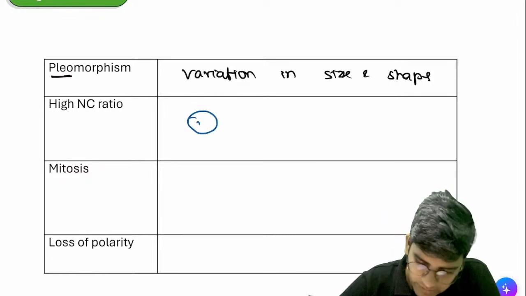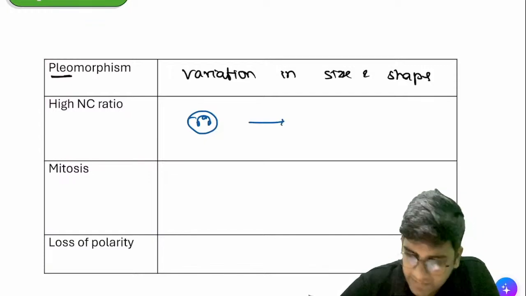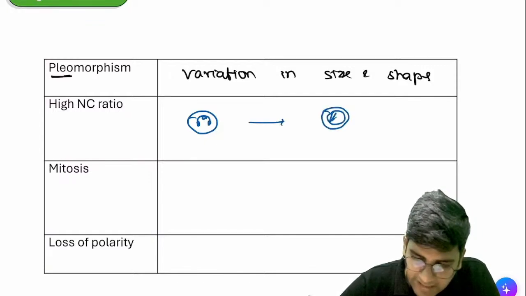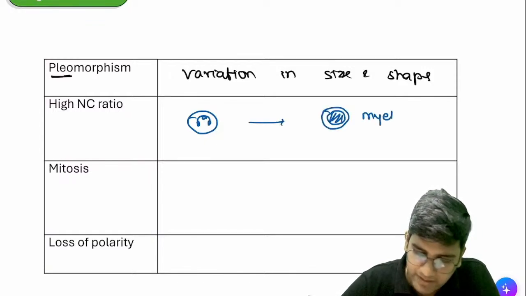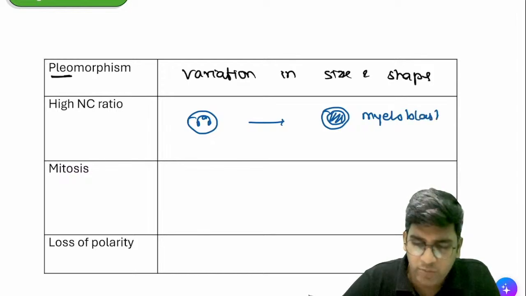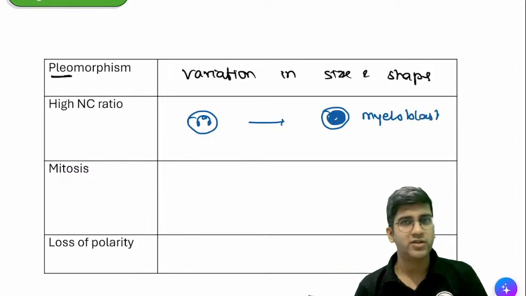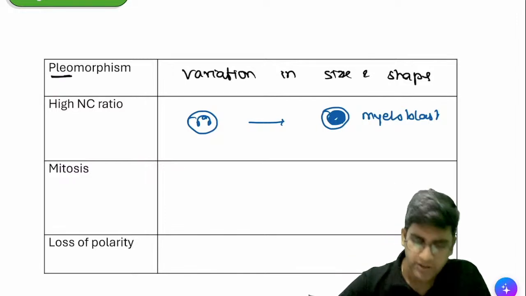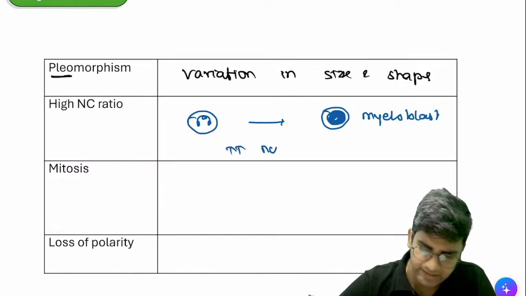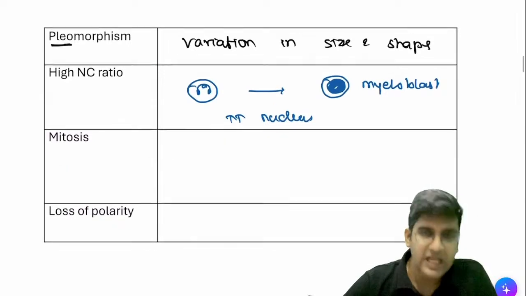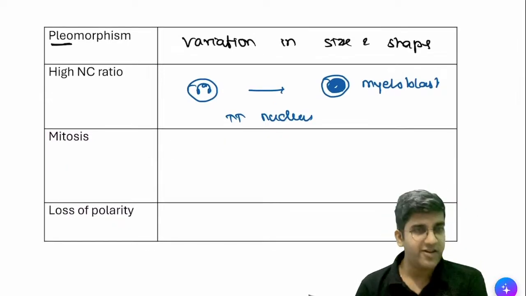Let's assume there's a neutrophil. When it becomes a cancer, it becomes a blast. You must have heard about myeloblast. Can I say by default myeloblast will have a good amount of nucleus, a very high quantity of nucleus? That's high NC ratio, which means more nuclear characters.